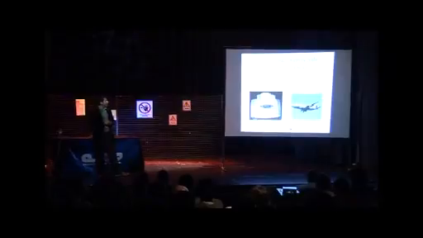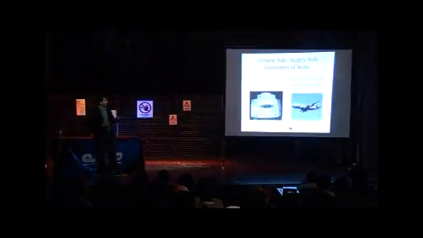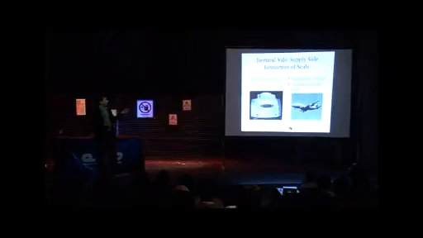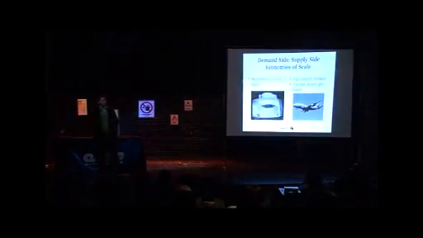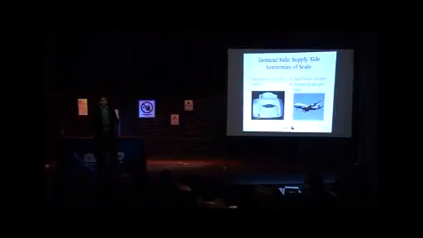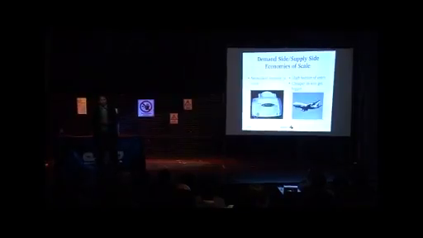The other side of the equation is supply side economies of scale, where you have a very high barrier of entry, and you get the ability to make things much cheaper as you get bigger. So for example, one of the typical things people will say is if you look at an airplane, the first one you build is going to be humongously expensive, and the second one, much less so.